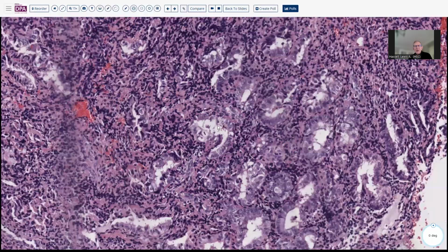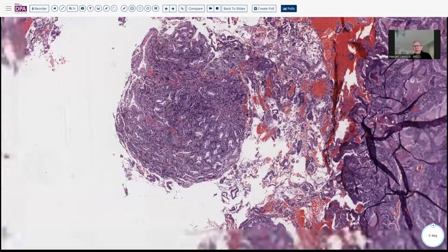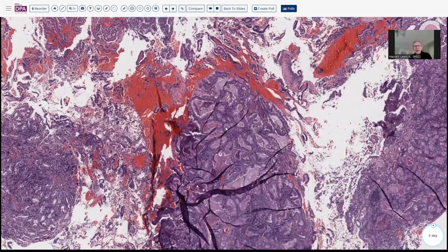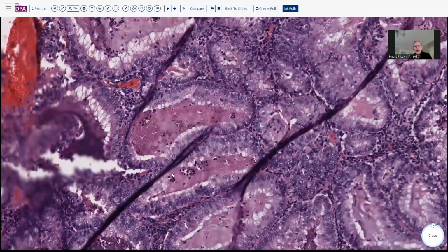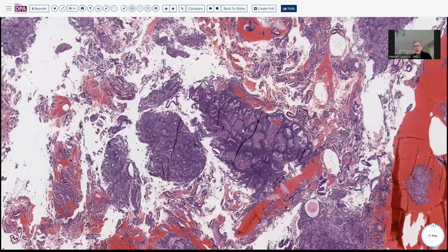Because mixed carcinomas can occur, you certainly want to investigate any areas that have a clear cell change to exclude the possibility of clear cell carcinoma. Here you can again see this sort of tumor diathesis within the lumen, blood mixed with cellular debris, and so forth. All very helpful in defining this as endometrioid adenocarcinoma rather than EIN.